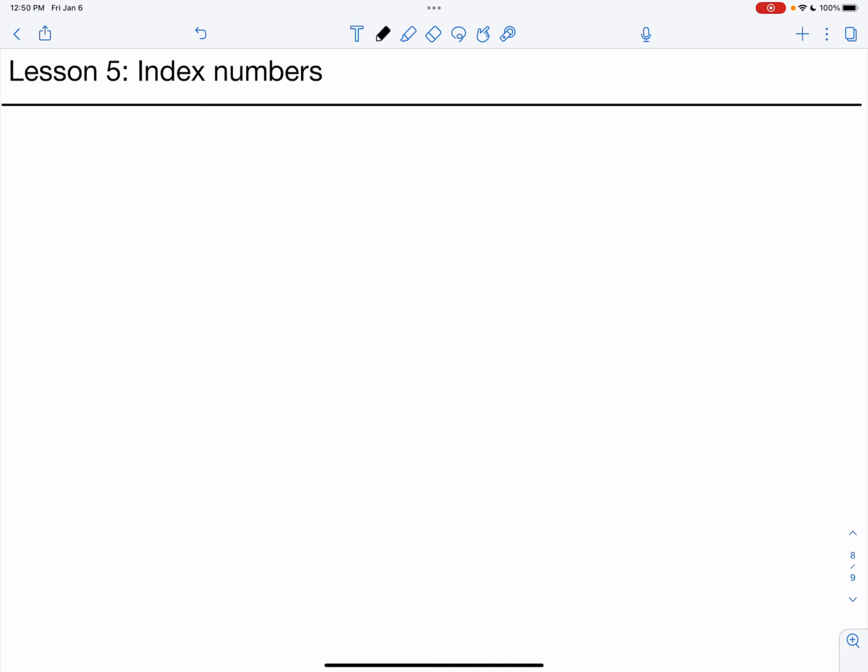Before doing an example, I'm just going to write down the formula for an index number. It won't be immediately obvious what the terms mean, but fear not, I will explain in a couple seconds.